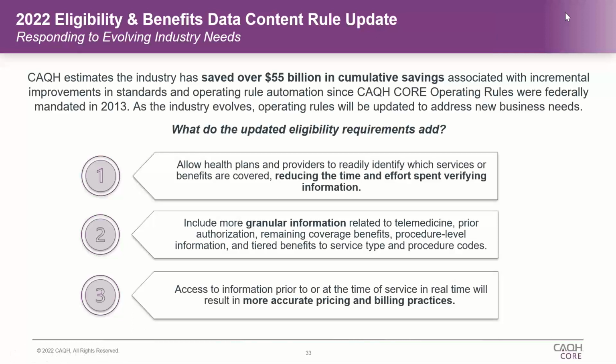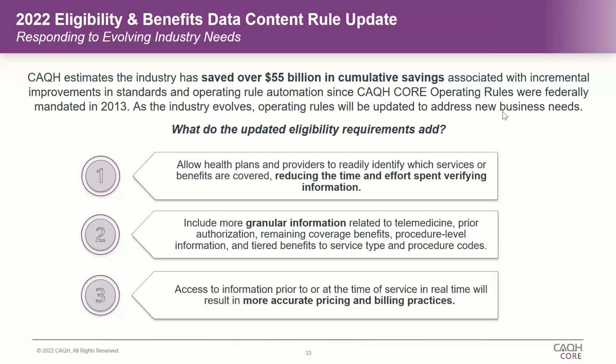Those requirements and those updates really got to some of the biggest challenges that organizations are facing today. The first requirement that was updated related to telemedicine and required the use of specific codes to indicate what service or benefit is available for telemedicine. Now, in the era of COVID, having that information in the eligibility transaction is critical.